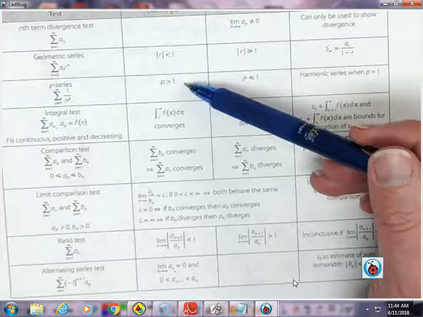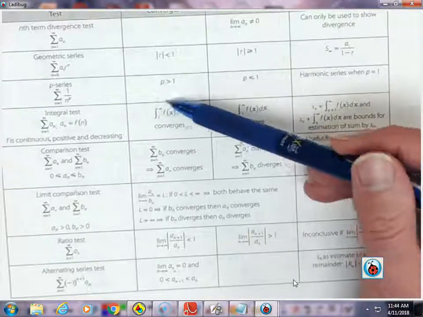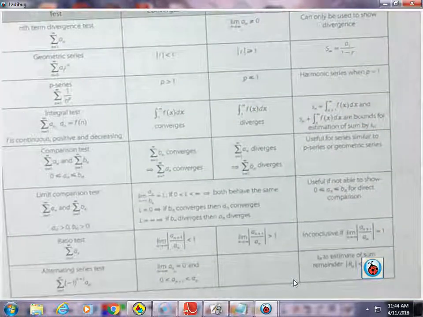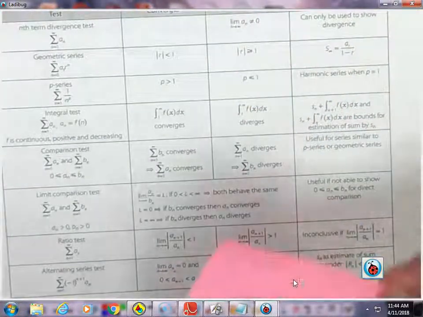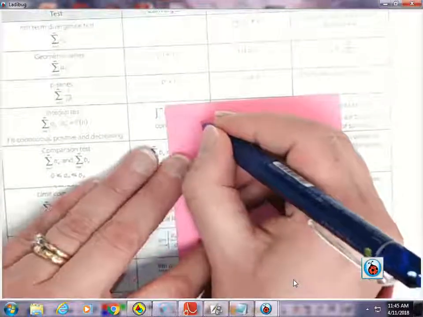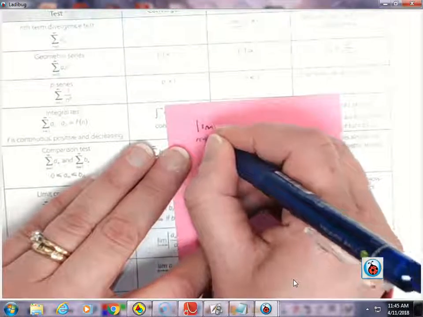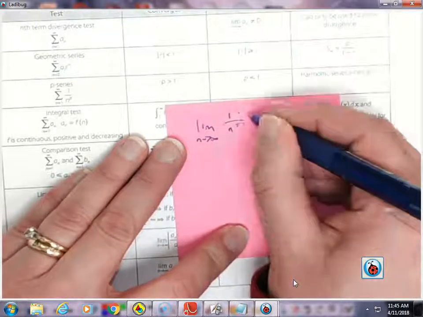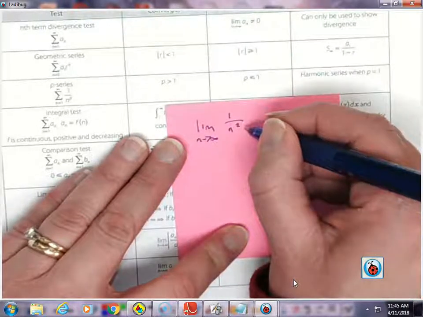The only one that kind of bucks the curve is p greater than 1 being the condition for convergence. But if you think about a p-test in general, the limit as n approaches infinity of, say, 1 over n squared is going to go to 0.